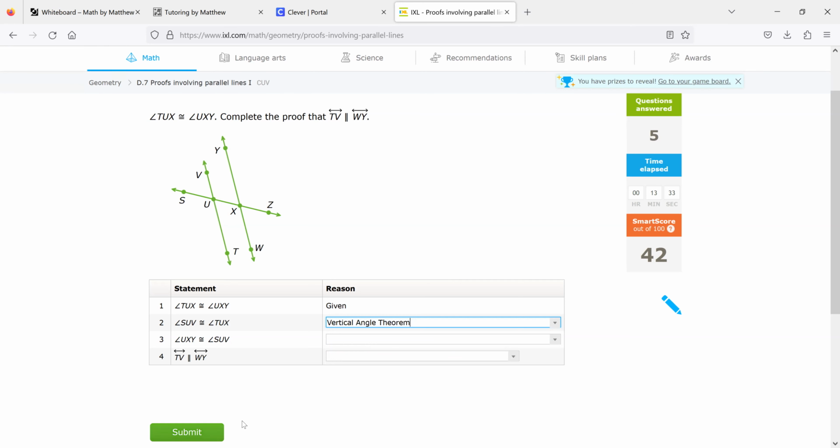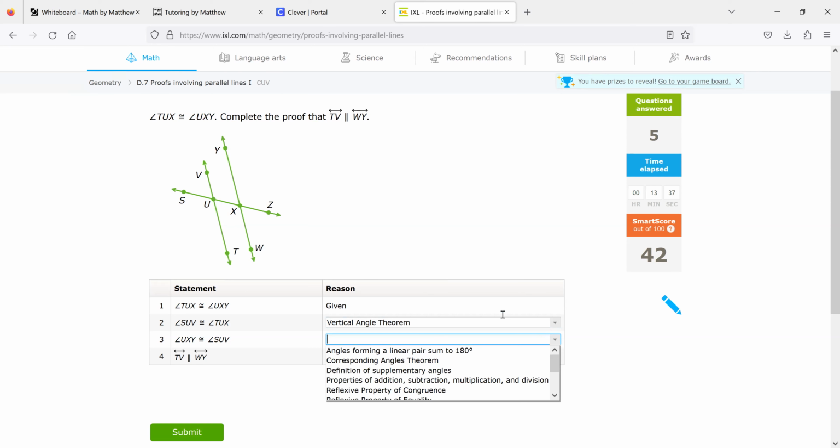Do you have to submit it all at once, or can you check one at a time? Oh, you have to submit it all at once. Okay. So UXY is congruent to SUV and UXY. Okay. TUX is congruent to UXY.